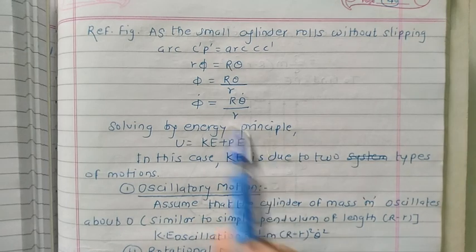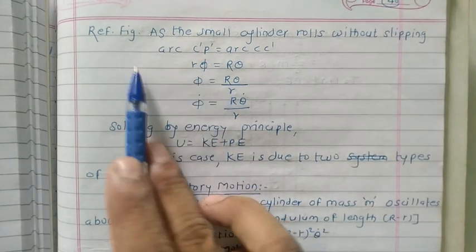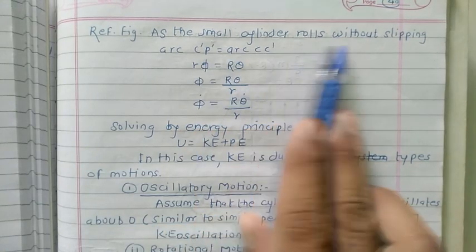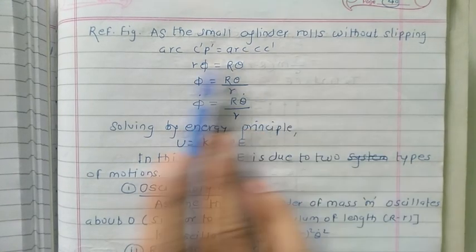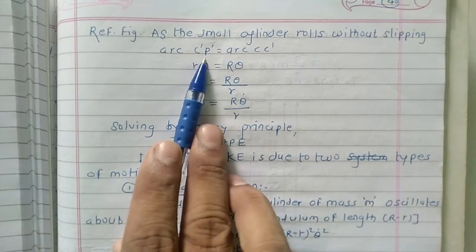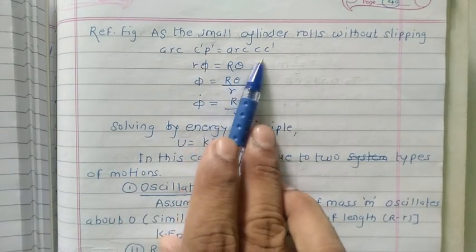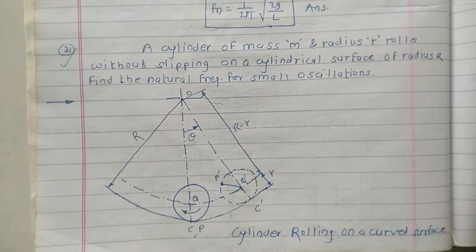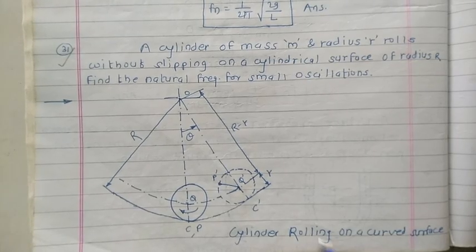So from the figure we can get this relation. As the small cylinder rolls without slipping, we can get this relation: arc C dash P dash must be equal to arc C C dash. Now look towards this diagram carefully.